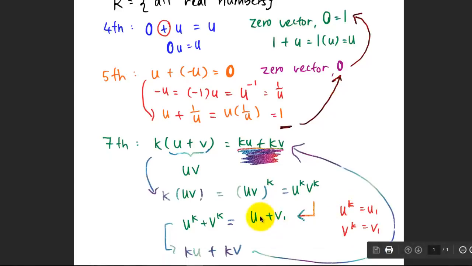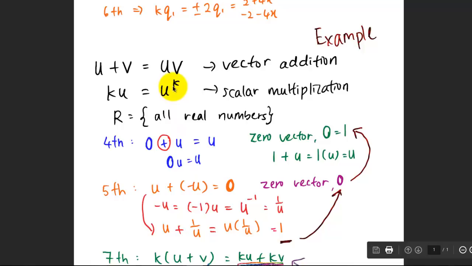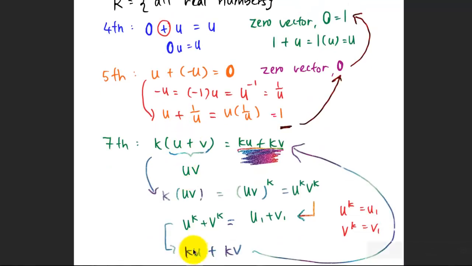So you have u1 plus v1, and you write it back to its original form, u^k plus v^k. So u^k is the raised to the power, and you reverse it back to its original form, which is the multiplication. So ku plus kv, which is equivalent to the term on the right hand side, and we prove that the seventh axiom is fulfilled.